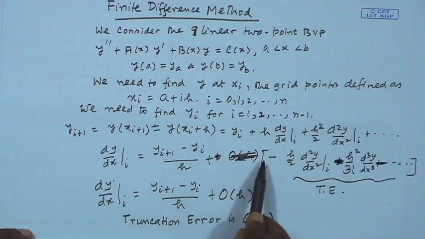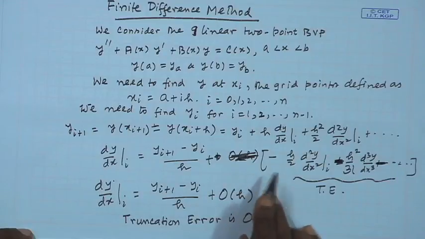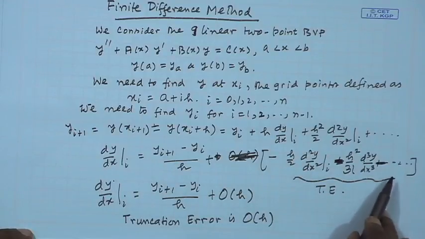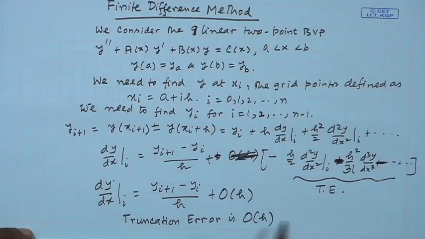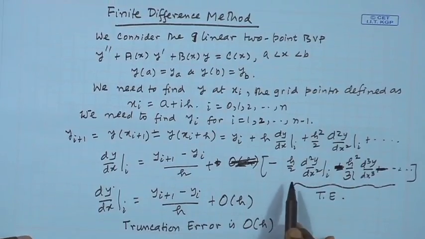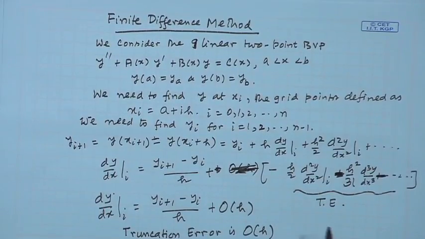Whatever the infinite series beyond these terms, that has been chopped out, so there is a truncation error, which is of order h, because that is the lowest order of h. If I approximate dy/dx in this fashion, that is the difference of y_i at two different points, this is called the first order forward difference.